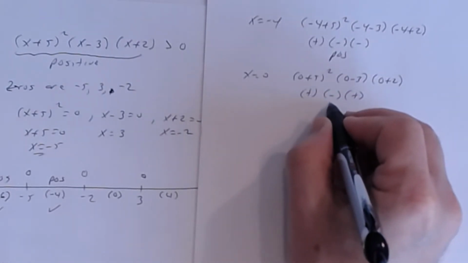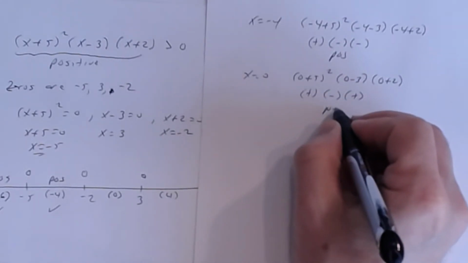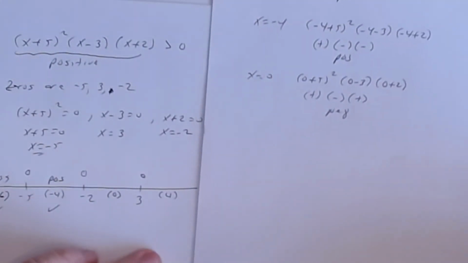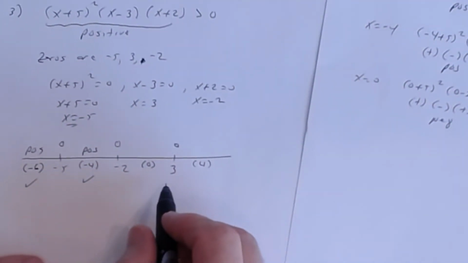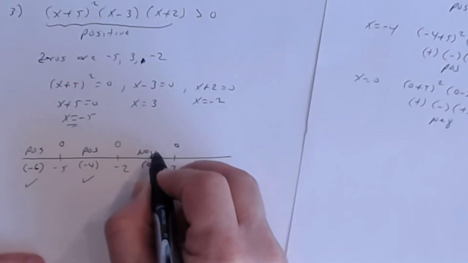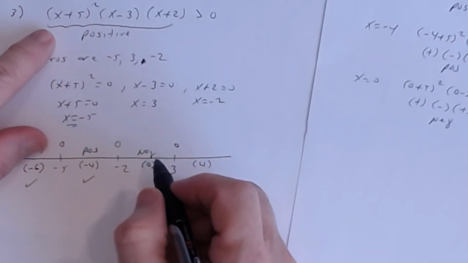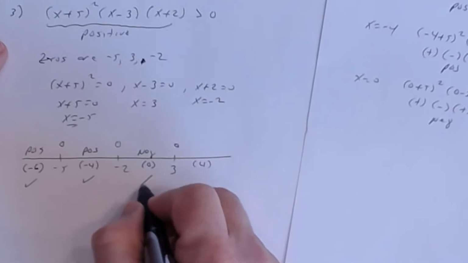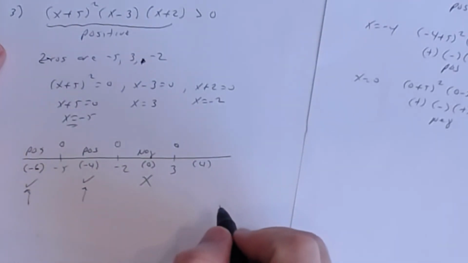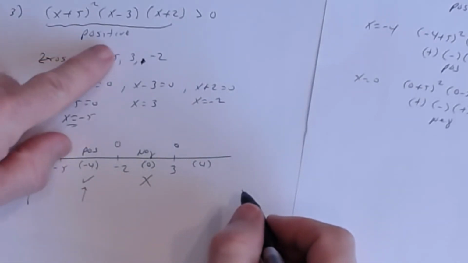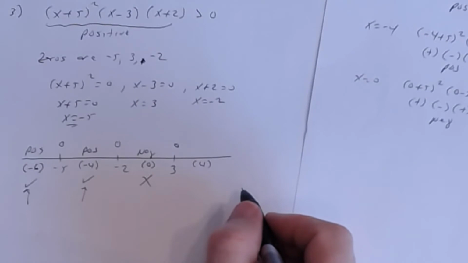So a positive times a negative times a positive is a negative. So what you found there was that any real number between negative 2 and 3 will make this product negative, which is not what you want. So I'm going to X that out. So far I have these intervals that are going to give me the solutions to this inequality.